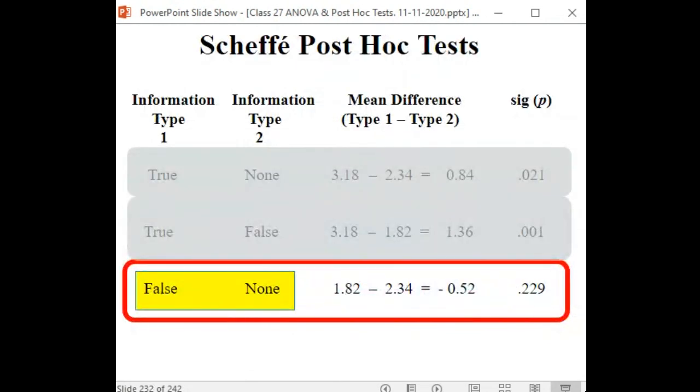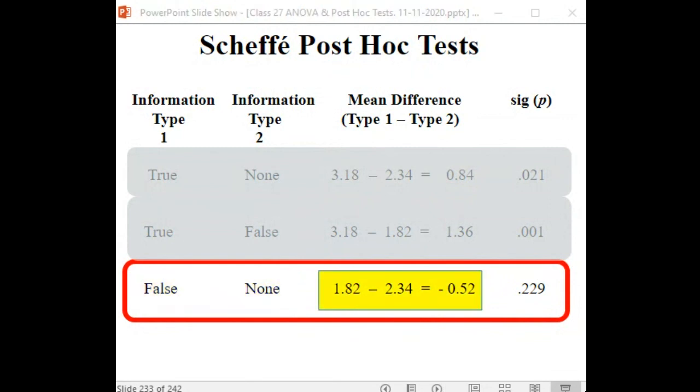Let's look at the difference between these means. 1.82 minus 2.34 equals negative 0.52. So the difference between the means is negative 0.52.